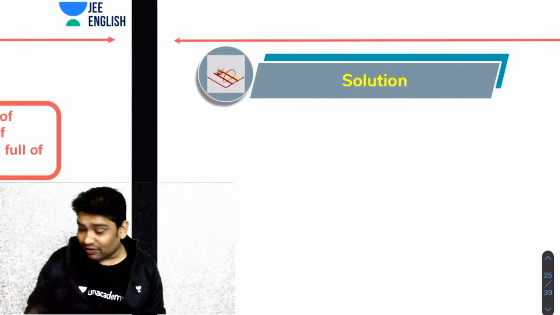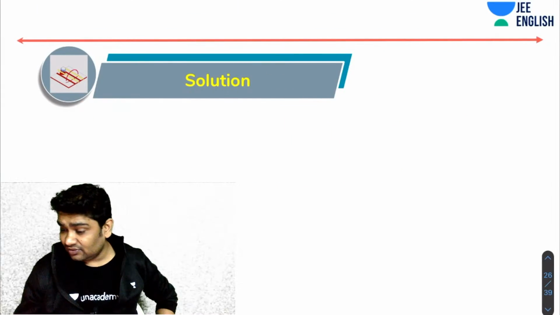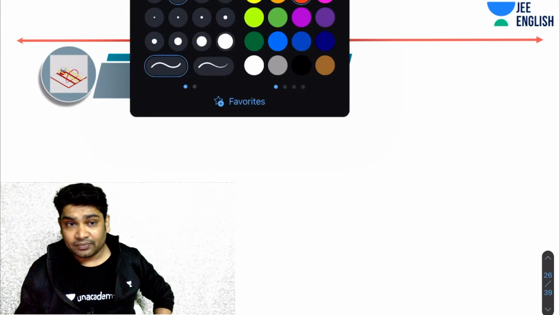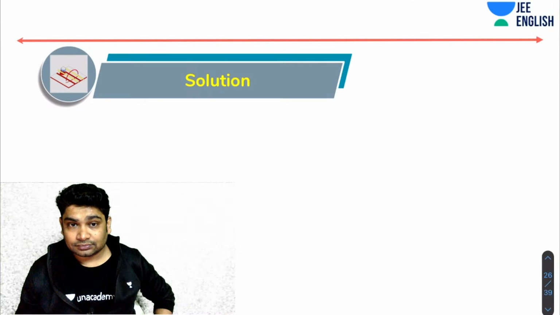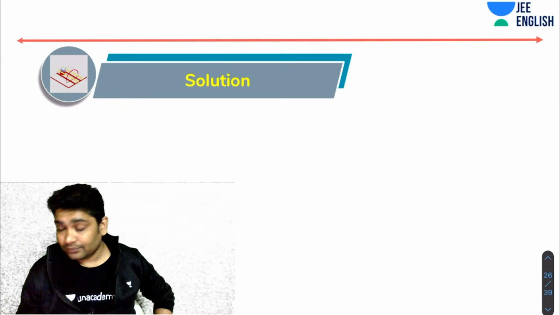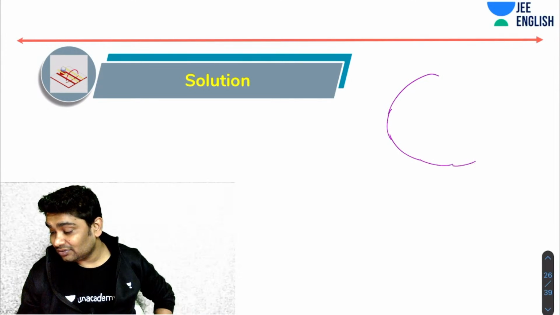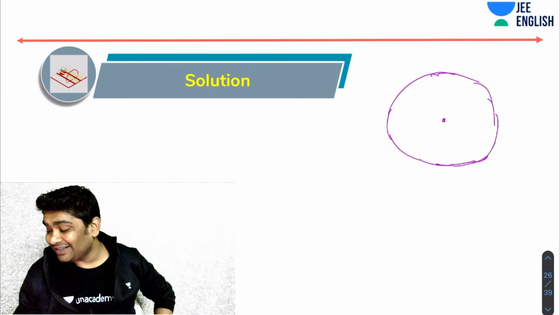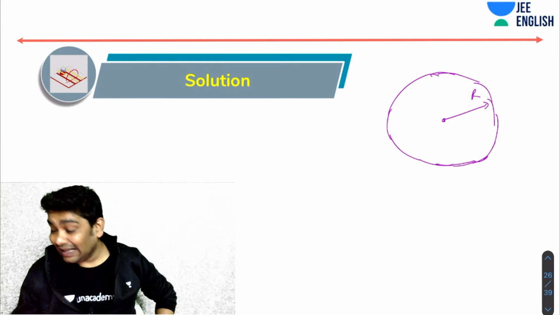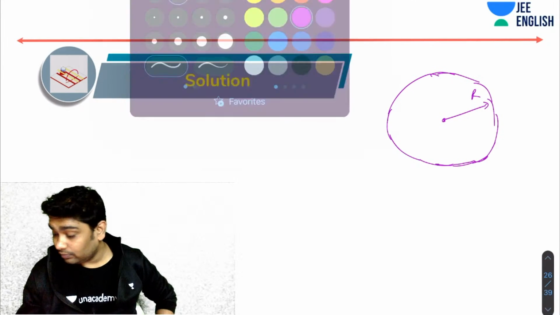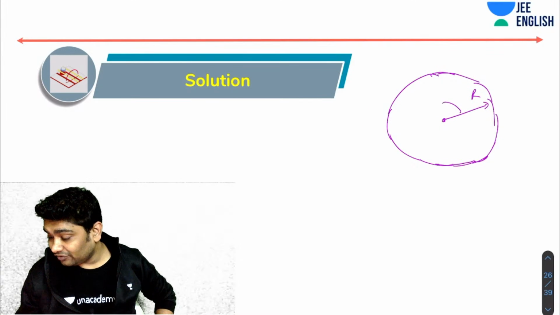So let's try and calculate. Let's try and figure out what the answer would have been. So imagine you had this sphere having a radius capital R, and inside you had a cavity of radius small r.